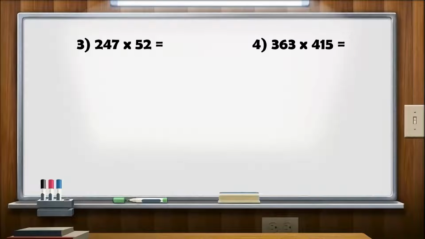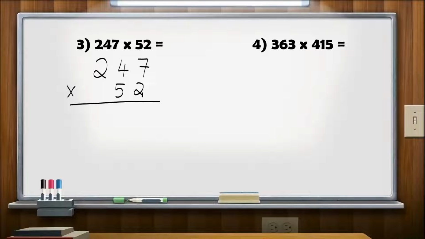So moving on to example number 3. Now, I will lay out the question as I have done with the previous 2 examples. So 247 multiplied by 52. Okay, as you can see, it is a little different to example 1 and example 2, as we are now increasing the amount of numbers used.